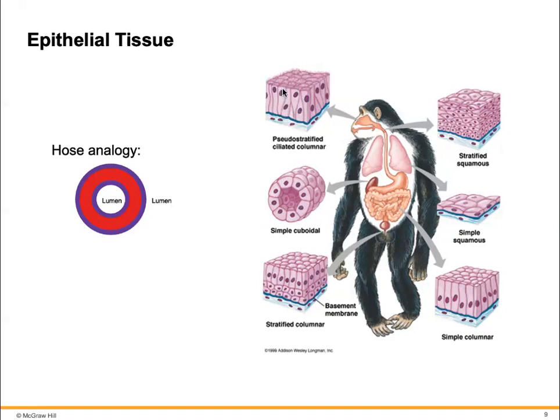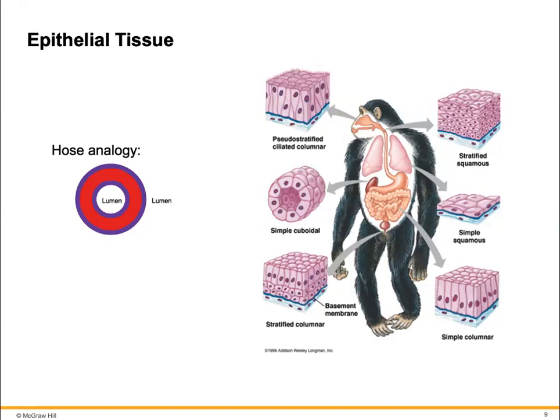Even though you can see that the nuclei are staggered, if you look from the apex to the basement membrane, every single cell connects to that basement membrane. So the nuclei being scattered is what makes you think they're stratified when they're truly not. The ciliation of these particular cells also helps to move mucus and debris out of our respiratory system, so that way we don't actually get it down into our lungs.